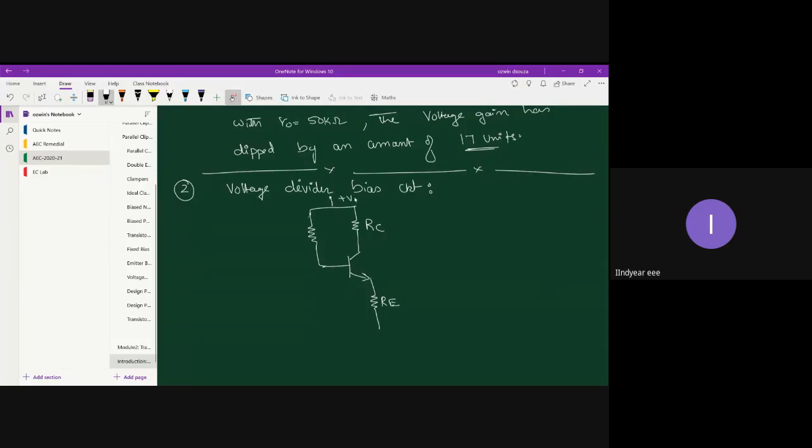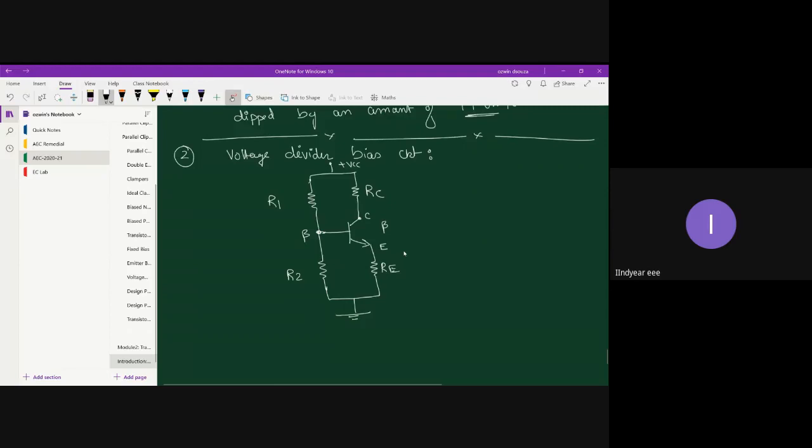That's VCC for you. This is R1. This is R2. So this is collector, emitter, and base, and this transistor will have some beta value or HFE value.